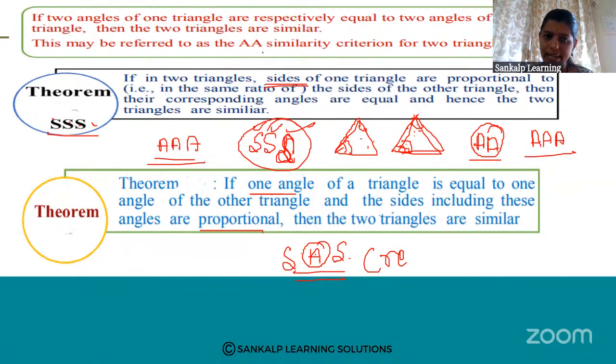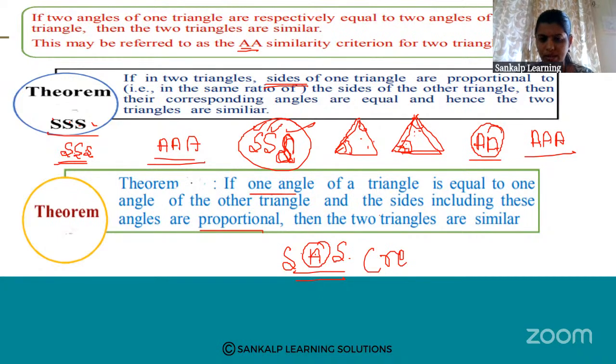SSS criteria: if in two triangles, sides of one triangle are proportional to the sides of the other triangle, then their corresponding angles are equal and hence the two triangles are similar. That means if corresponding sides are proportional, then corresponding angles are also equal. This criteria we call SSS criteria, that is side criteria.